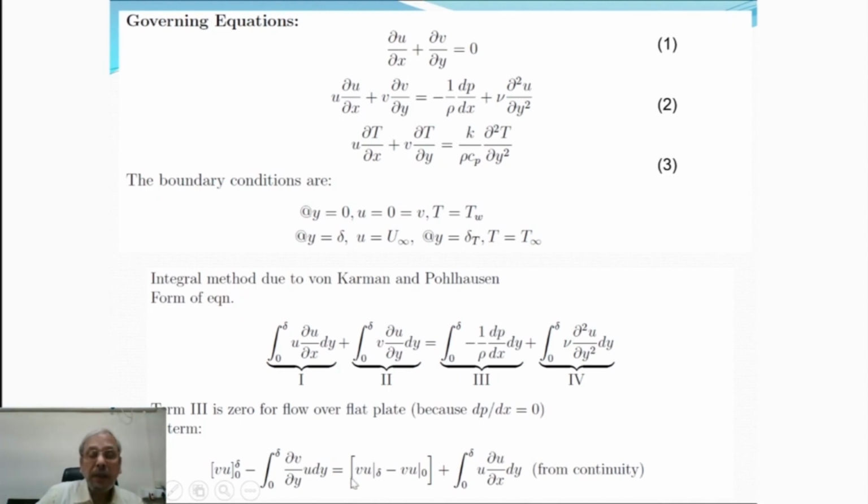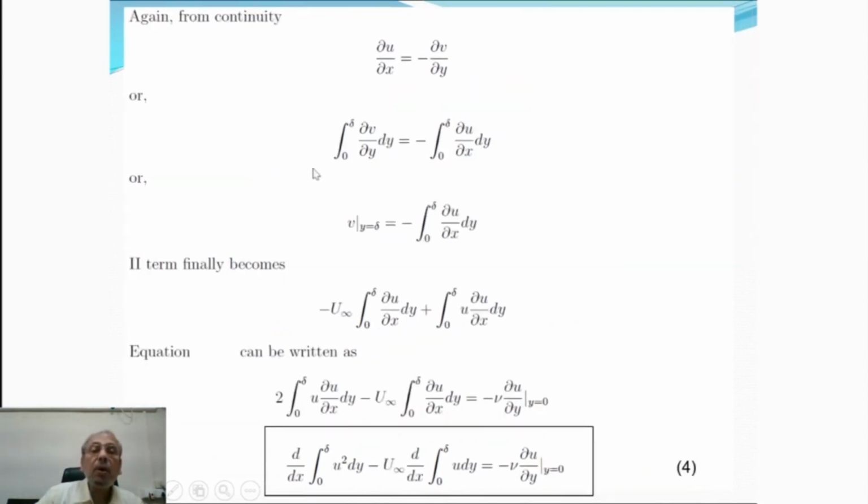Now this part has to be evaluated. So we can write again ∂u/∂x equal to minus ∂v/∂y. So the integration of ∂v/∂y dy between 0 to delta is minus integral 0 to delta of ∂u/∂x into dy.